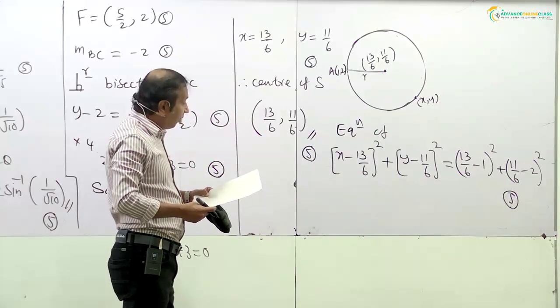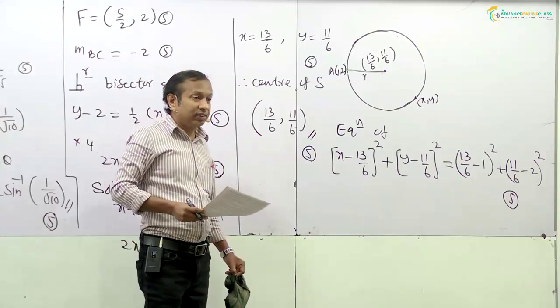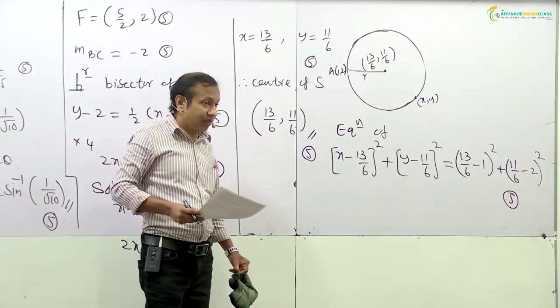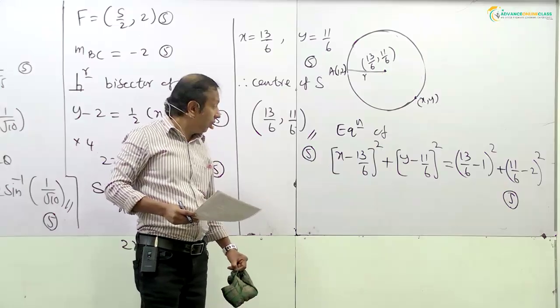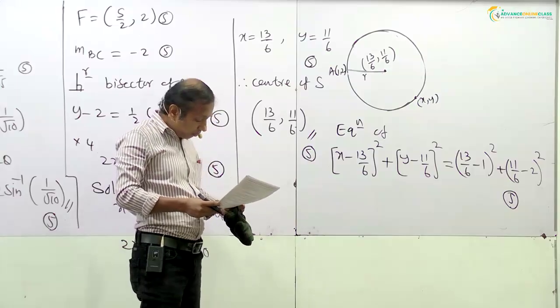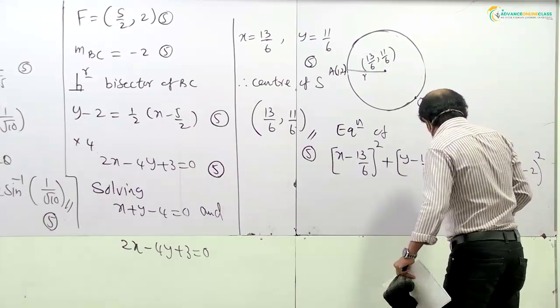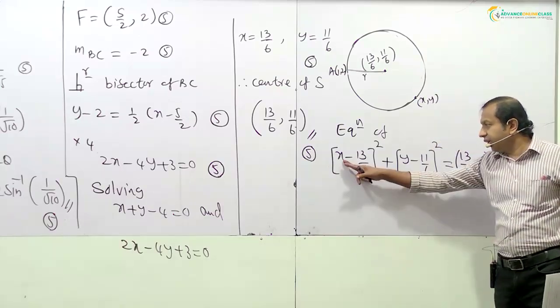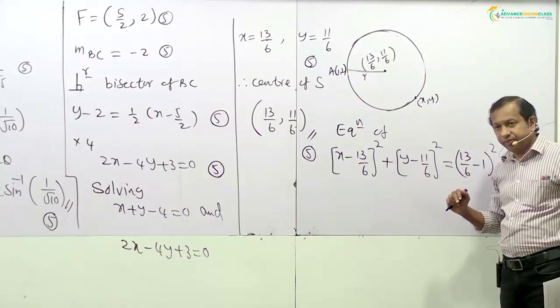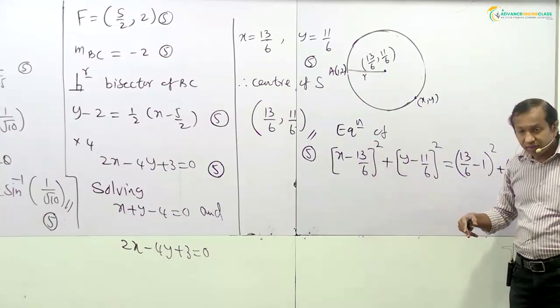Right. Here, this is the only thing you find, certain simplification. We have to simplify this, right? When you simplify this, it's also very easy, right? You can see here, x squared plus y squared come in. No? 13 by 6 perfect squared.